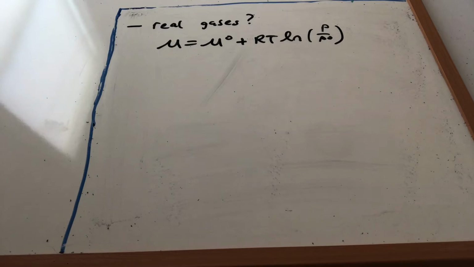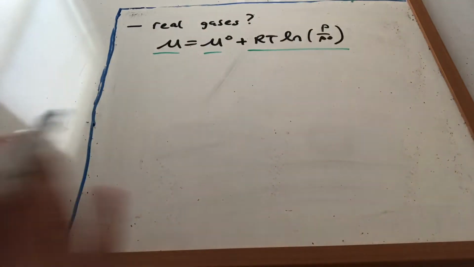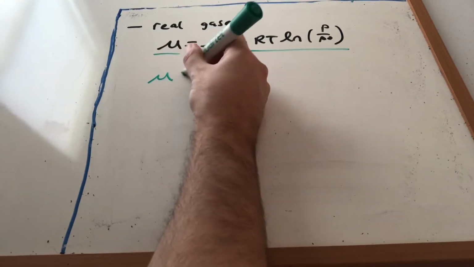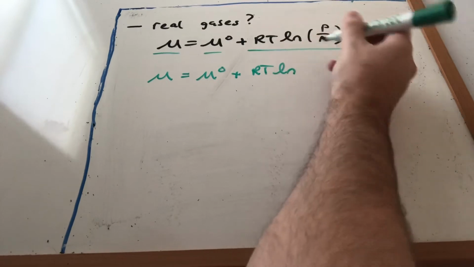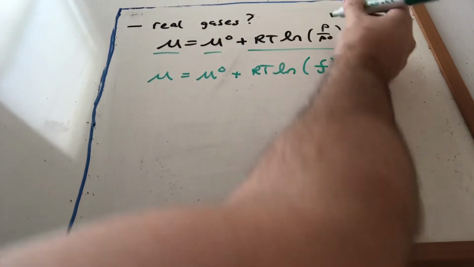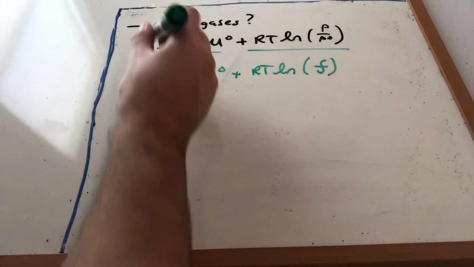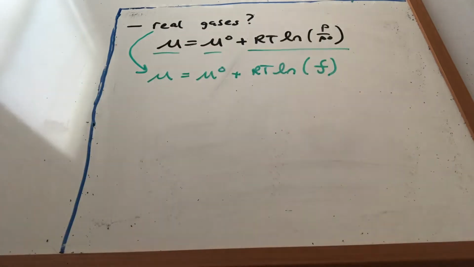Now, if you have real gases, if you remember from earlier in the semester, the whole point of developing this and associating it with fugacity is that fugacity was a stand-in for P over P naught. So if you have real gases, you go back and instead of using this expression, you use this expression.